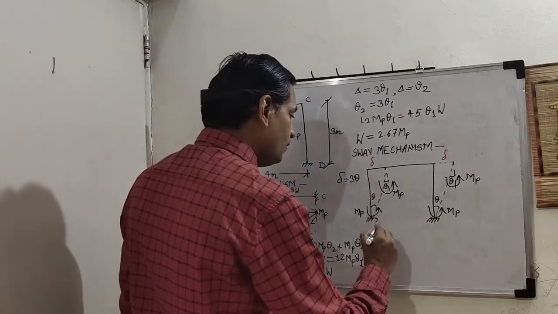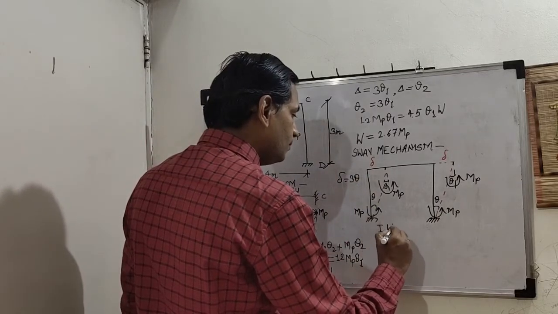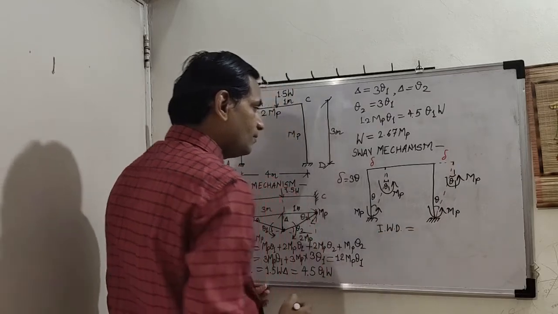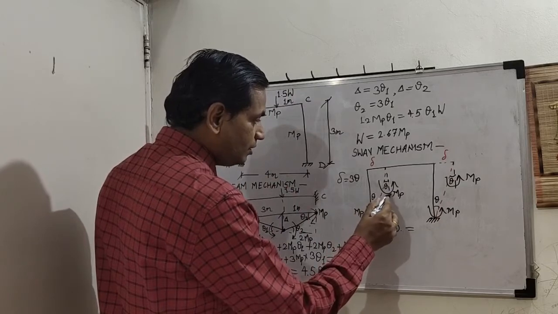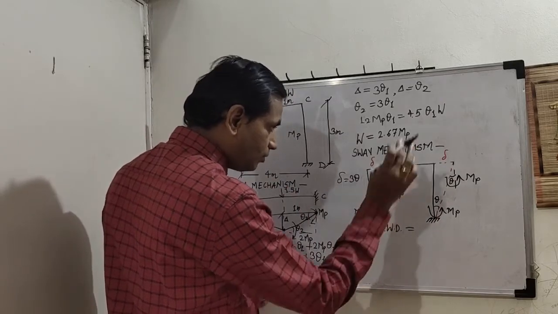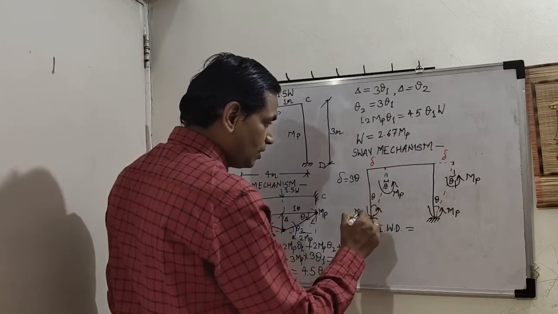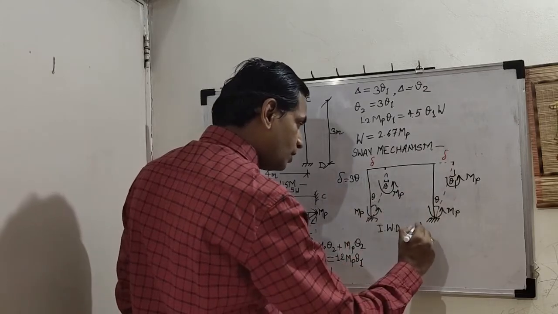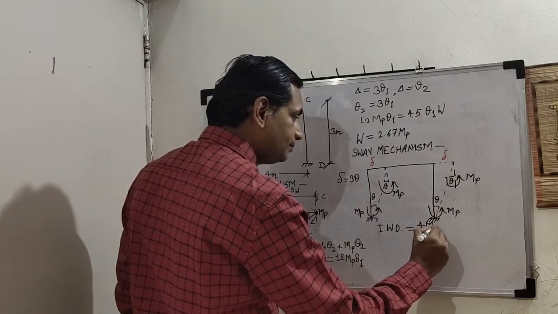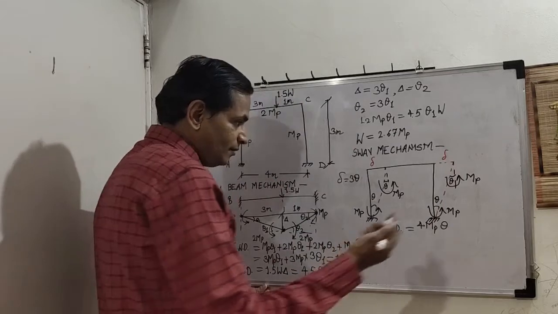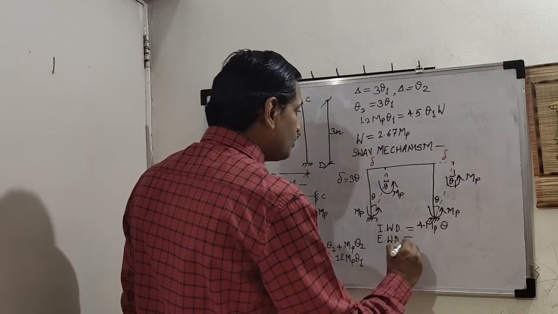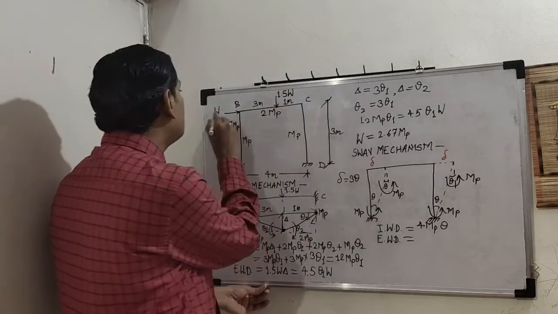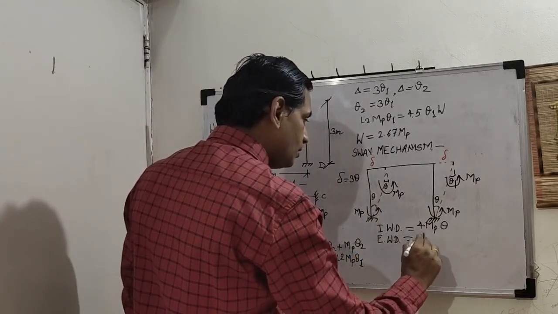So what is internal work done? Internal work done is 1 MP theta. This is also theta, not theta 1. So 1, 2, 3, 4. 4 MP theta. Okay. External work done. External work done is W into delta.